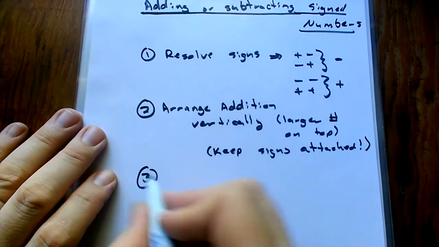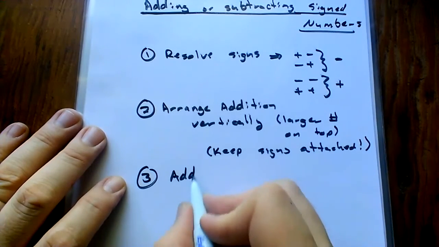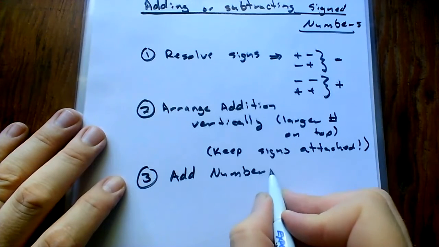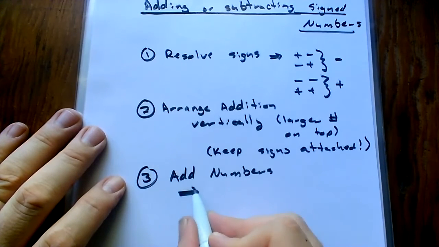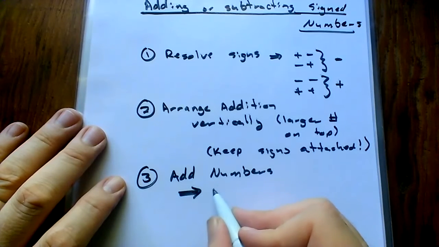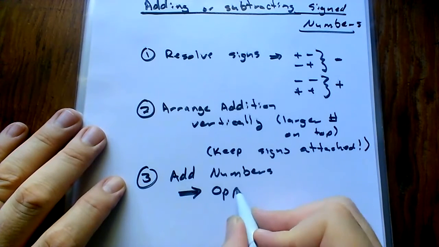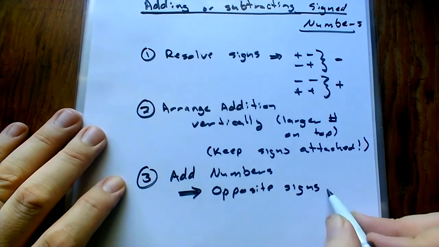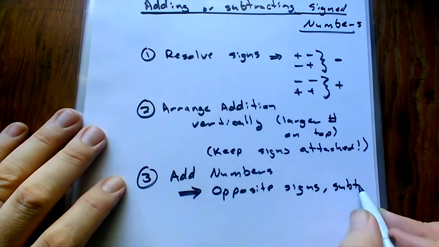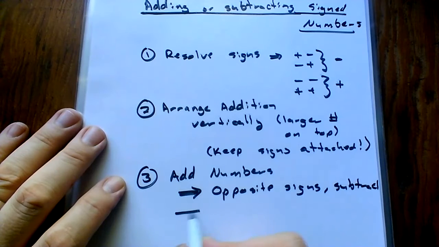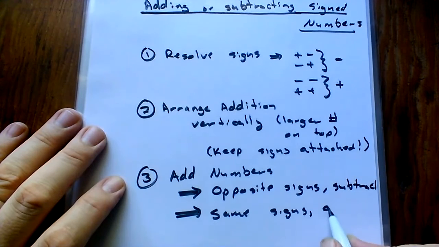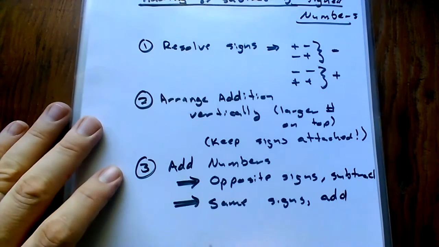And then you're just going to add the numbers. Once again, your rules for signs are if they've got opposite signs, you're going to subtract. If you've got same signs, you're going to add. And you're always keeping the sign of your larger number.